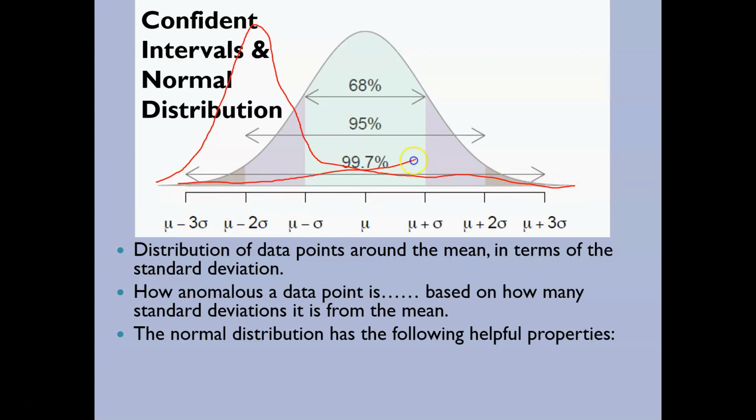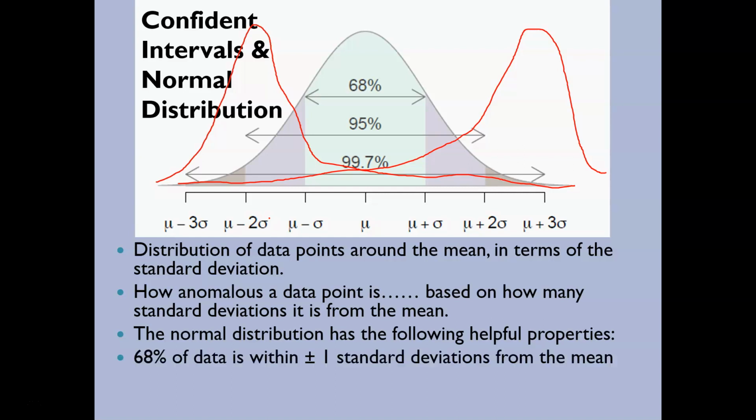Or if anything looks like this, you can't apply confidence intervals. Any of those red graphs I draw are non-normal, highly skewed distributions, and we will not apply confidence intervals to those. You can mathematically, but you cannot draw statistically robust inferences or conclusions by calculating confidence intervals for non-normal data.